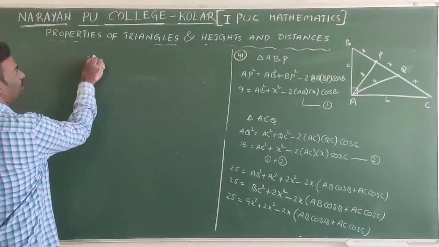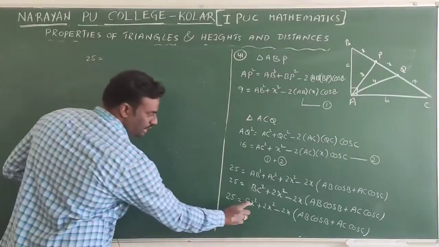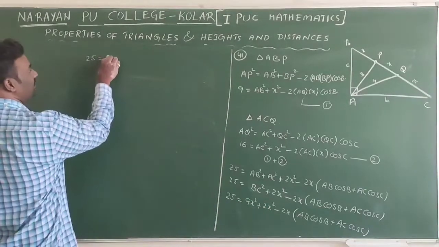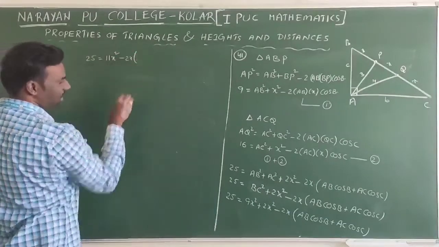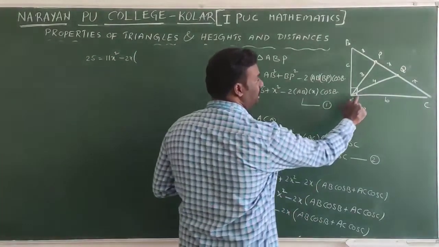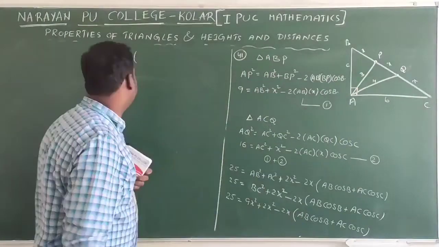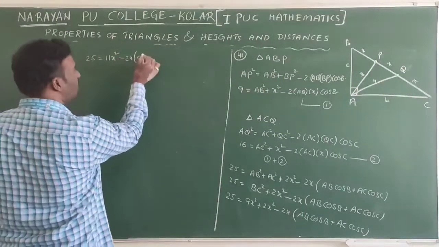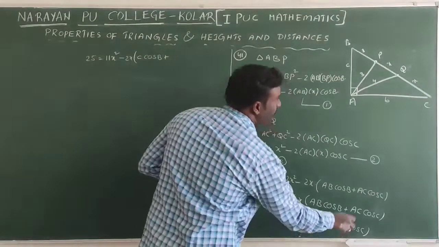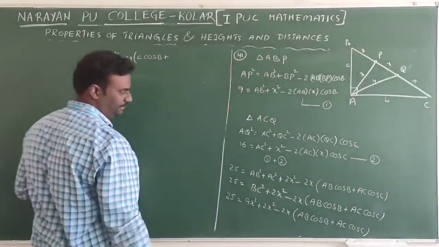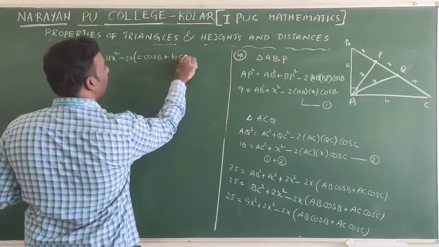Okay, 25 is equal to 9x square plus 2x square, that is 11x square, minus 2x into, in the triangle, in place of AB you can write c, c cos B, plus in place of AC we can write b. This is the projection rule.